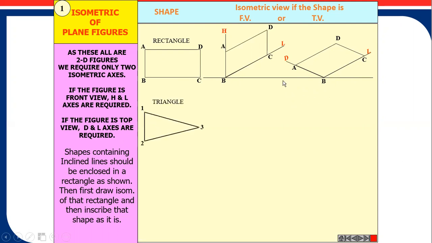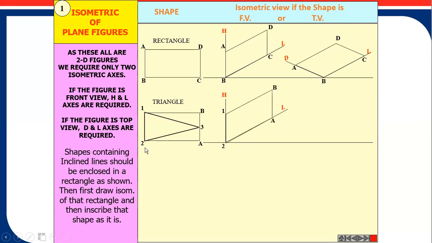The next is a triangle. How does a triangle look? For a triangle, we have to make one box here, with points 1, 2, and 3, and this line is AB. Now in front view again we are using height and length. In height, mark points 1 and 2. This 1 and 2 point is the origin point here.